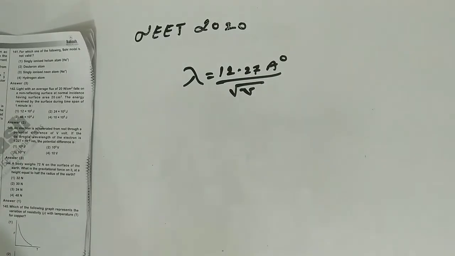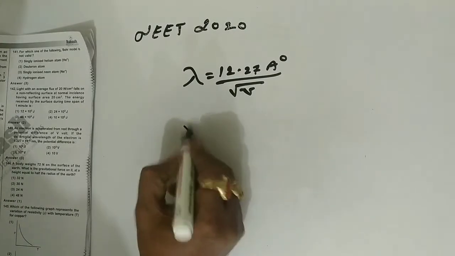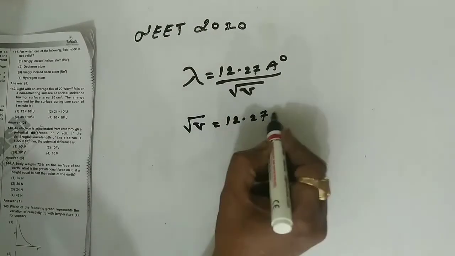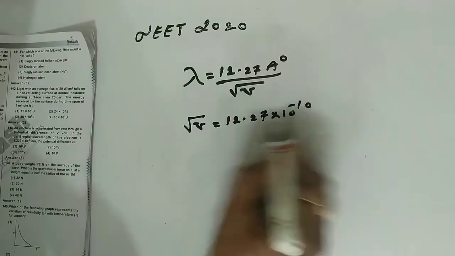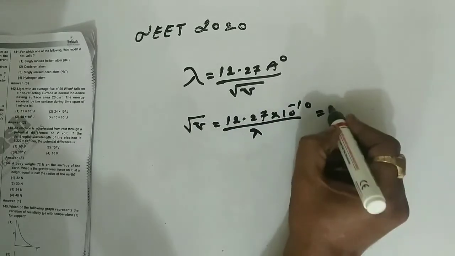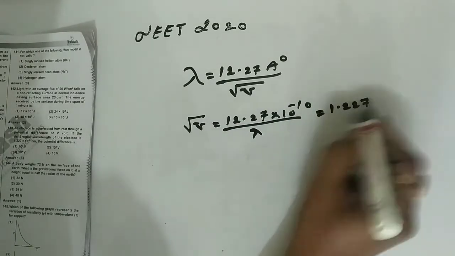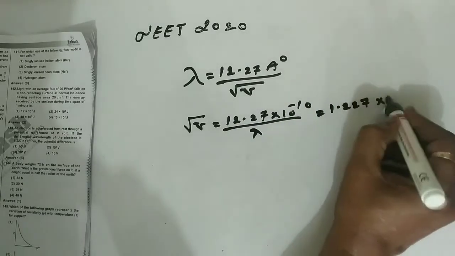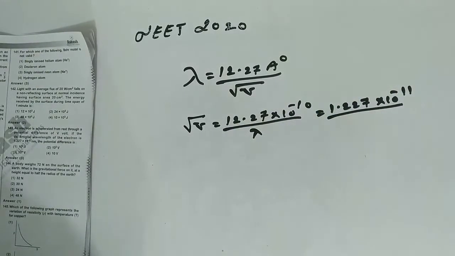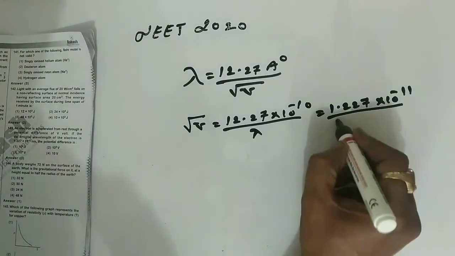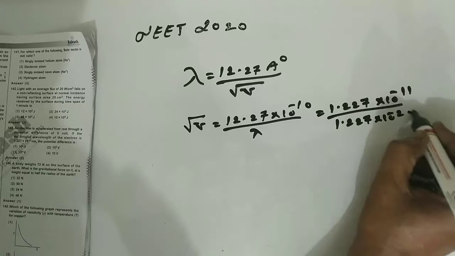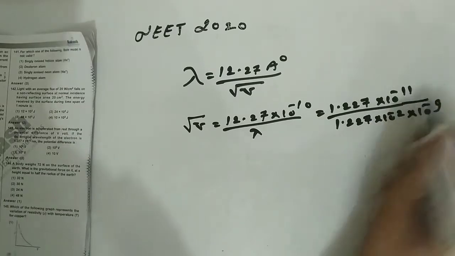Then I go for the substitution. Root V equals 12.27 angstrom, that is 10 to the power of minus 10, divided by lambda. So shall I write 1.227 into 10 to the power of minus 11 divided by what is lambda? 1.227 into 10 to the power of minus 2 nanometer, that is minus 9.